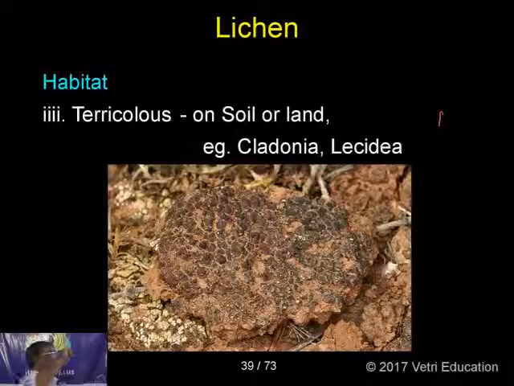Next are terricolous lichens, that is on soil or land, terrestrial. You can find these lichens on barren land or barren soil. Examples are Cladonia and Lecidea.